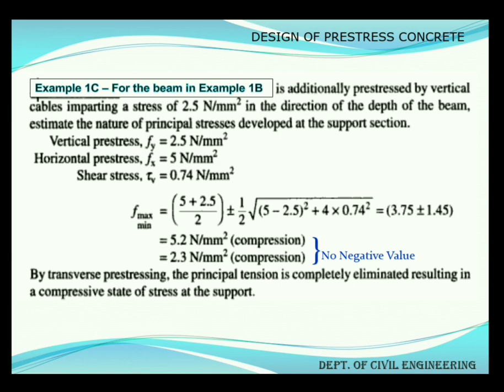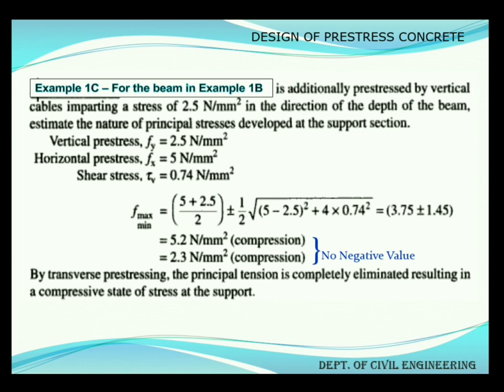But in this example, just for comparison's sake, they have introduced a parameter of vertical pre-stressing, which is Fy in the calculations, given as 2.5. So now in this case we have Fx from the previous example itself, as 5 Newton per mm square. Fy is given, which is vertical pre-stressing, as 2.5.